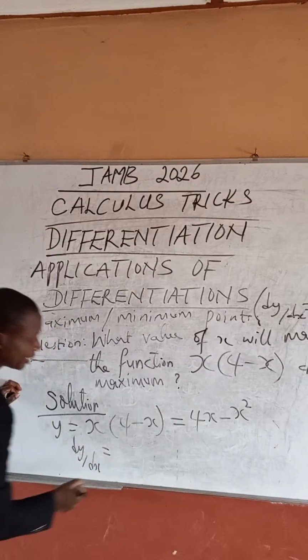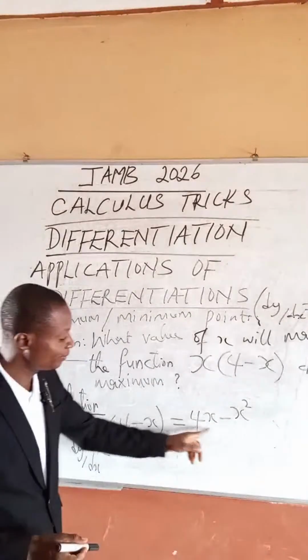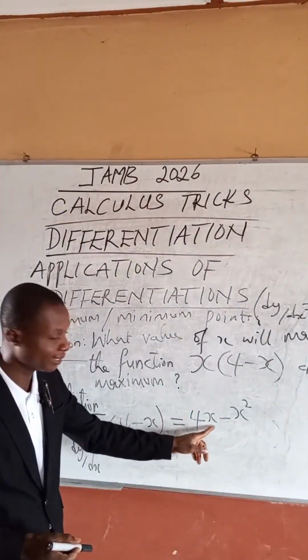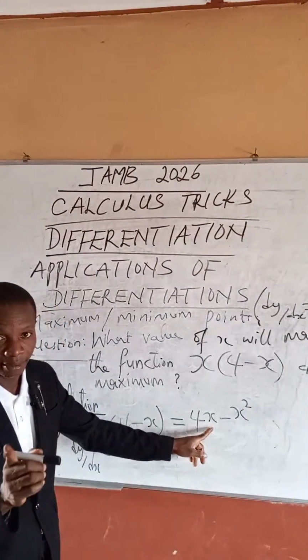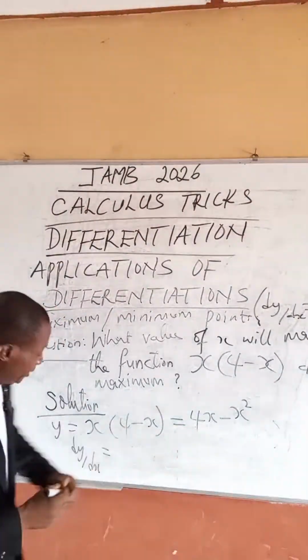So what is dy/dx? Let's differentiate this. Differentiate 4x: the x will disappear, leaving only 4 behind.